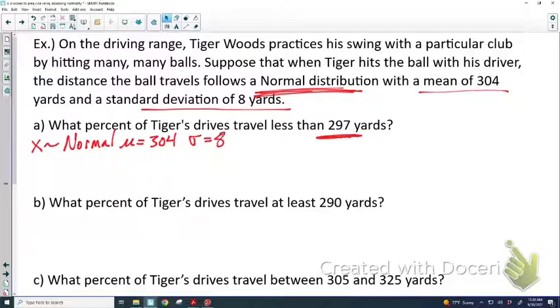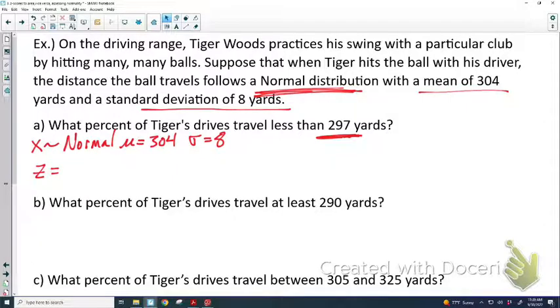Those are part of your points. You have to write that. This tells the reader that you're proving why you're allowed to use the normal CDF function or the z-score. If it's a free response problem, you must show your work, show your z-score.